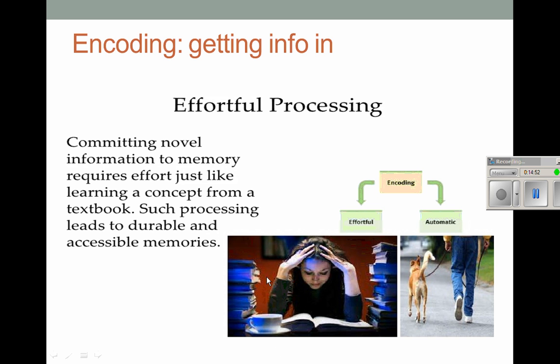She's clearly looking down at her textbook. She's trying really hard to just get the information in so that then she can work with it and then hopefully store it. Again, it's no guarantee of storage. It just means it's taking effort to deal with it. And automatic, there's a picture of a person and a dog walking because walking is an automatic function.